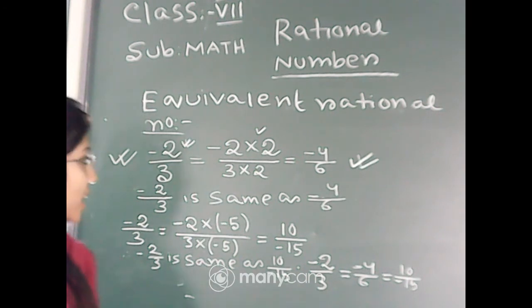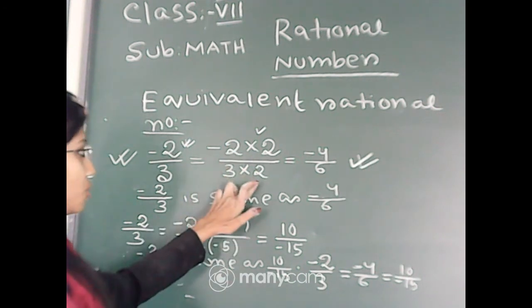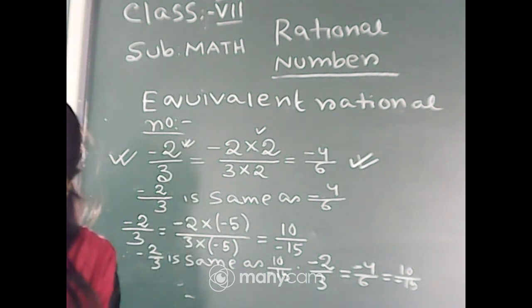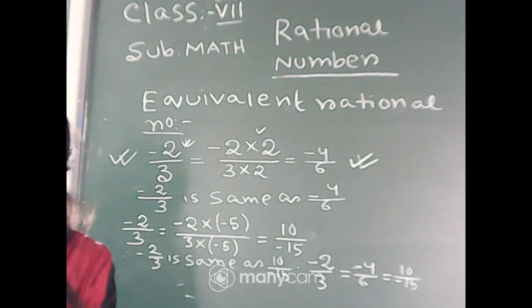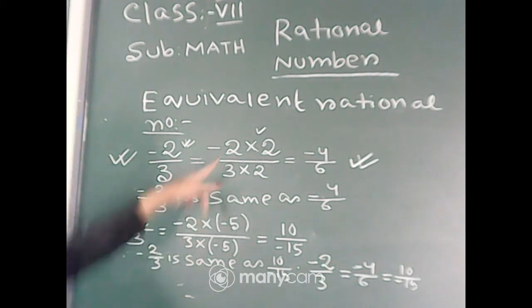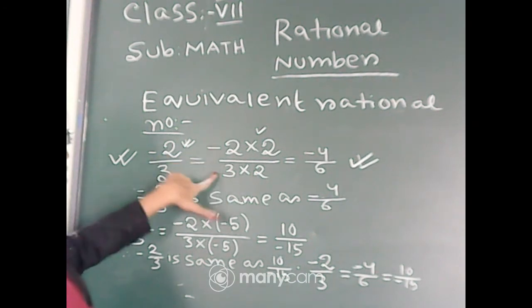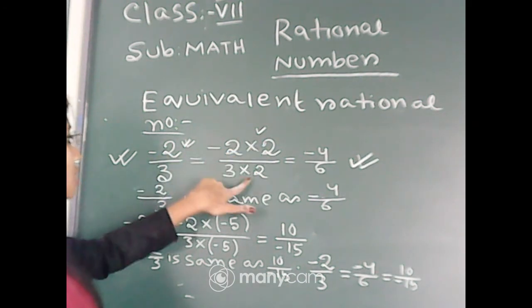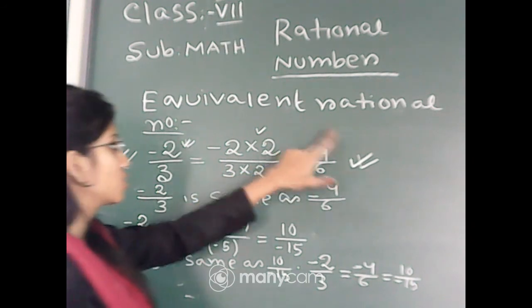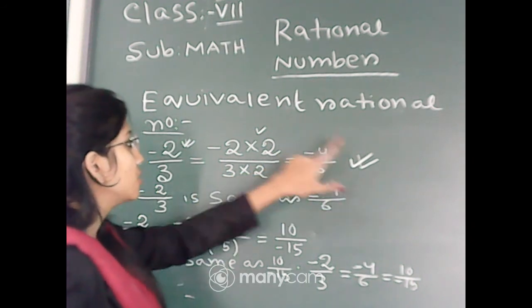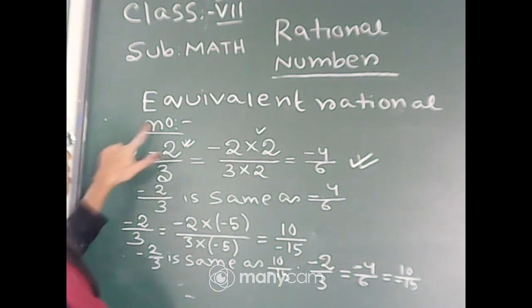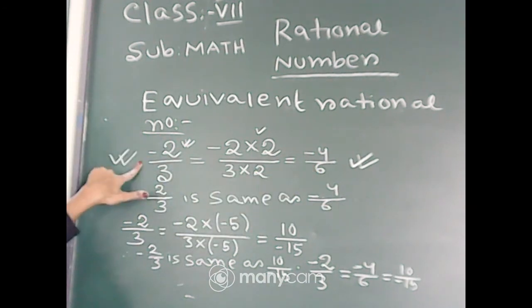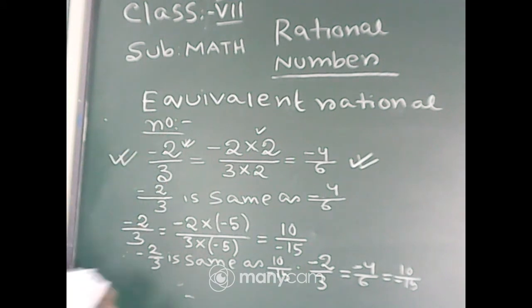Here we multiply both the numerator and the denominator by the non-zero integer 2, and we get another rational number minus 4 divided by 6, which is equivalent to the given rational number minus 2 divided by 3.